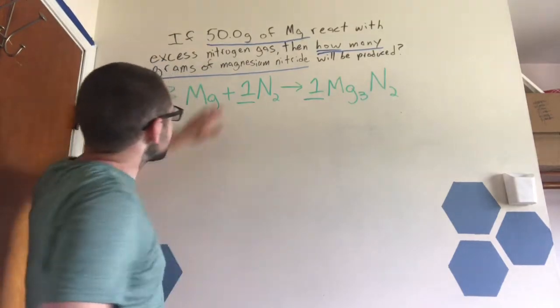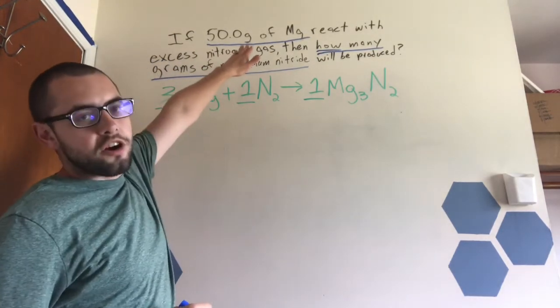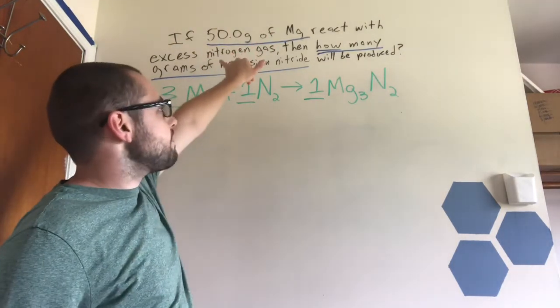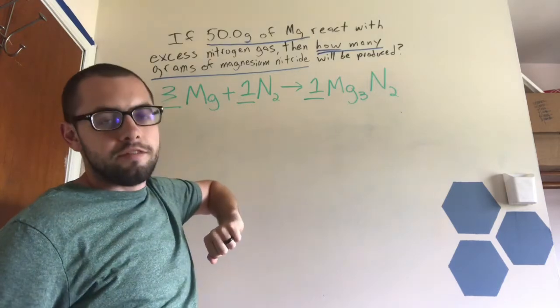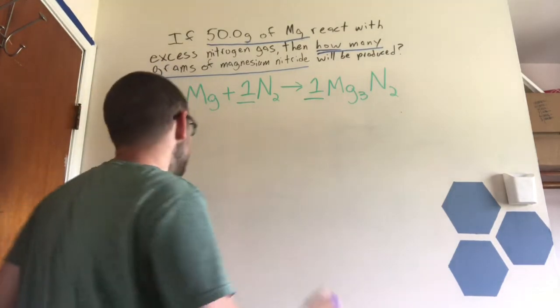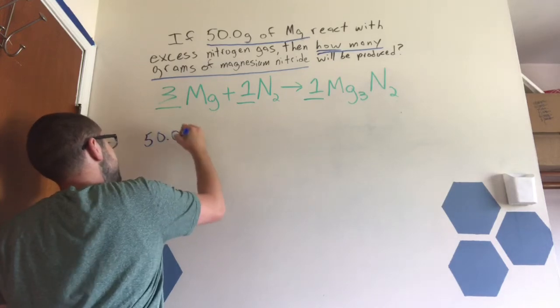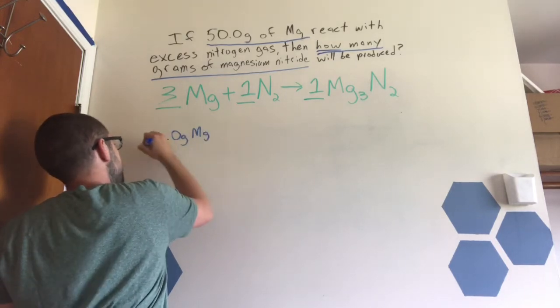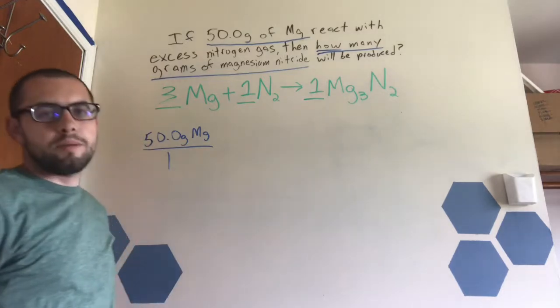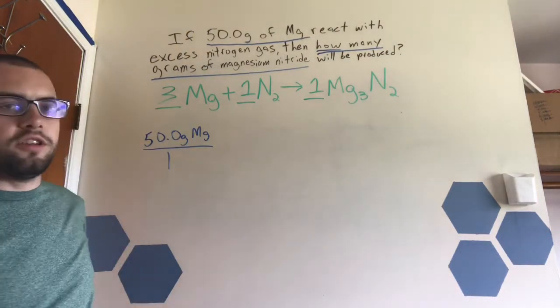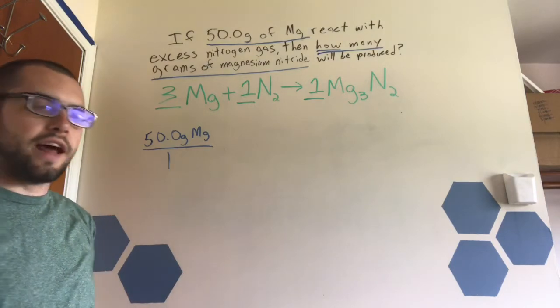Let's start by using our starting point, our given information. I know that I'm given 50 grams of magnesium. That's what the problem tells me, so I can start there. 50 grams of magnesium. And I'm going to put that in the numerator. I'm going to set it up so that it looks like a fraction. Remember, that's how I like to do my dimensional analysis.